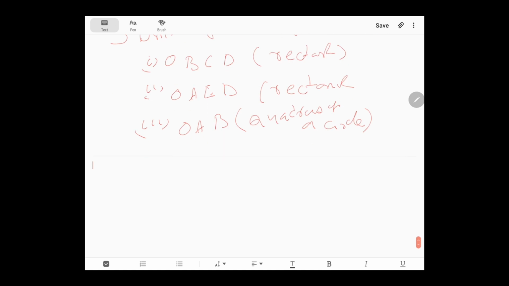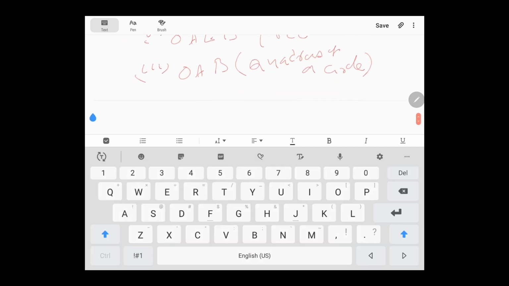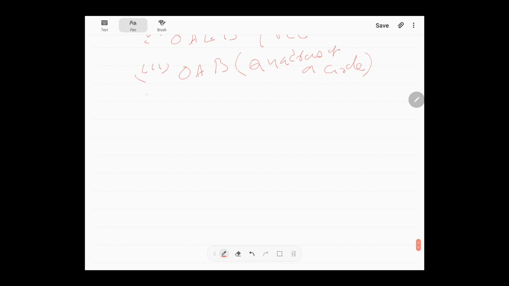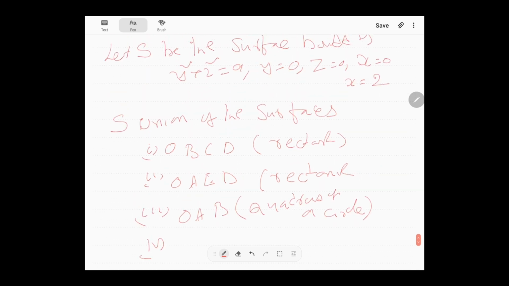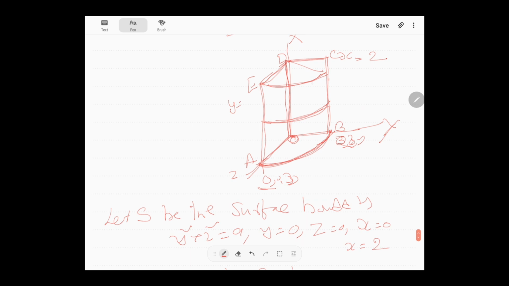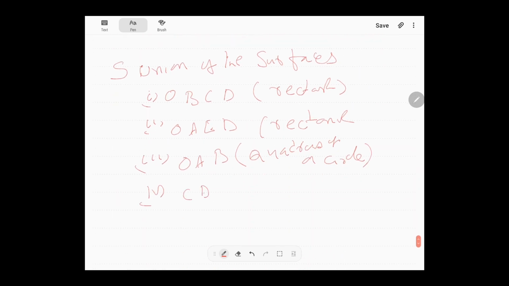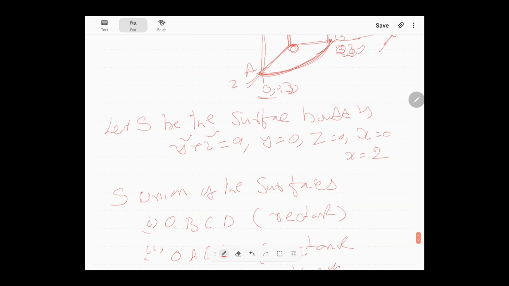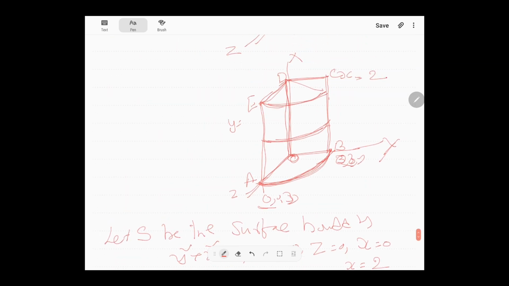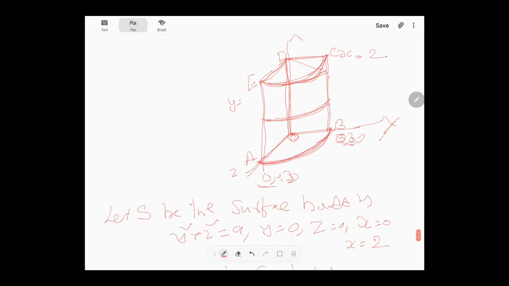And the fourth one is the above surface, CDE. This is also a quadrant of the circle, but this is on the plane x equal to 2.